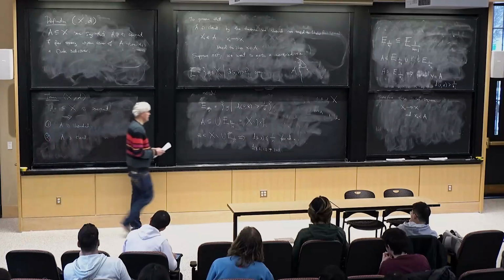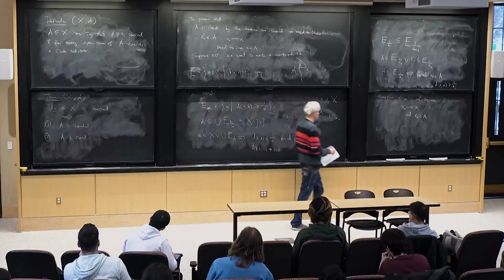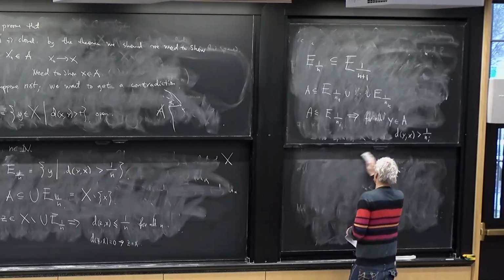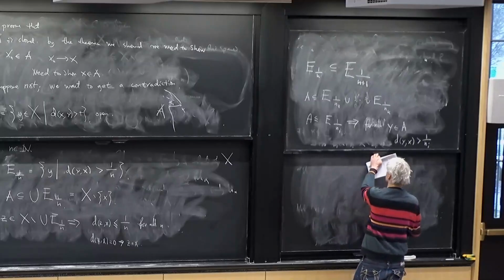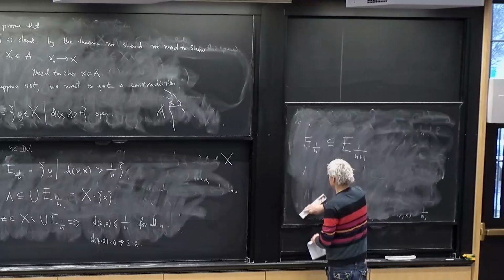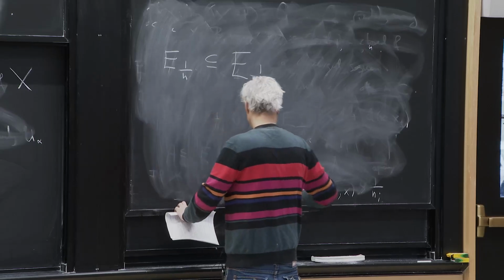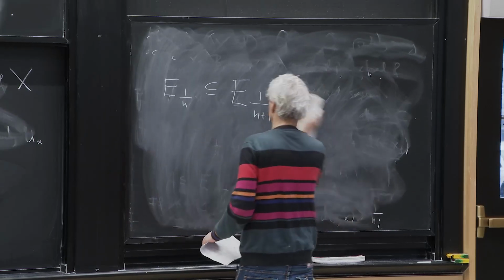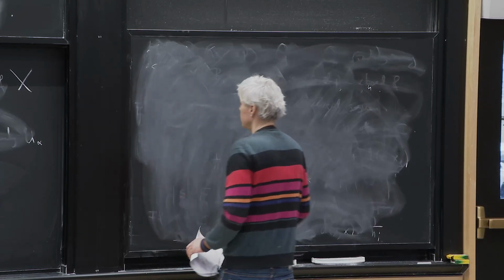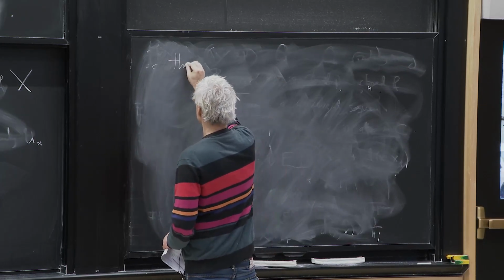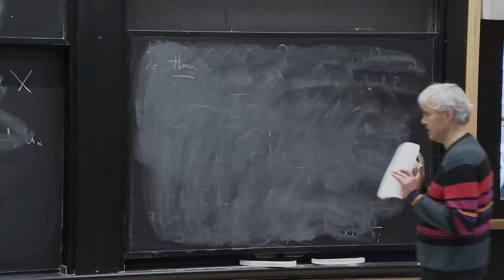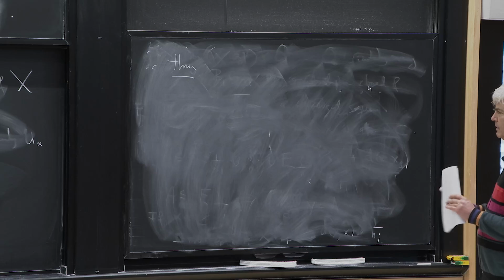If you are in Rn, there is a theorem, and we'll talk about that next time also, that says the converse is the case. But that does not generalize to metric spaces. Well, it does generalize, but not like this. This particular statement does not hold.